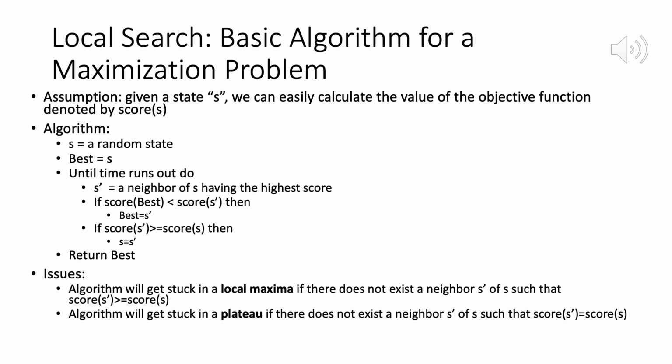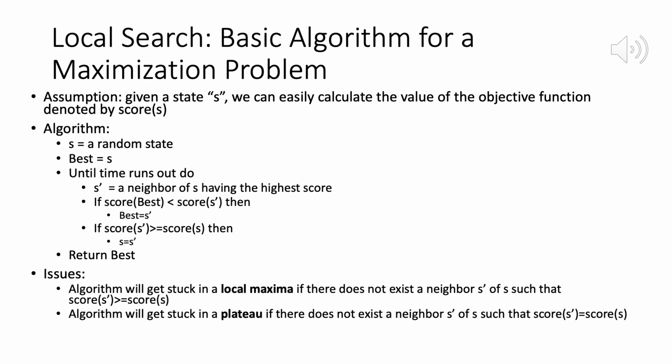However, since you're performing greedy search, you decide that you will never take a step that goes down in terms of altitude from your current location. Because of your greediness, you will get stuck at the top of the hill because all steps are going down in terms of altitude, and you will never reach the top of Mount Everest. So that's one way of looking at local maximas versus global maximas.